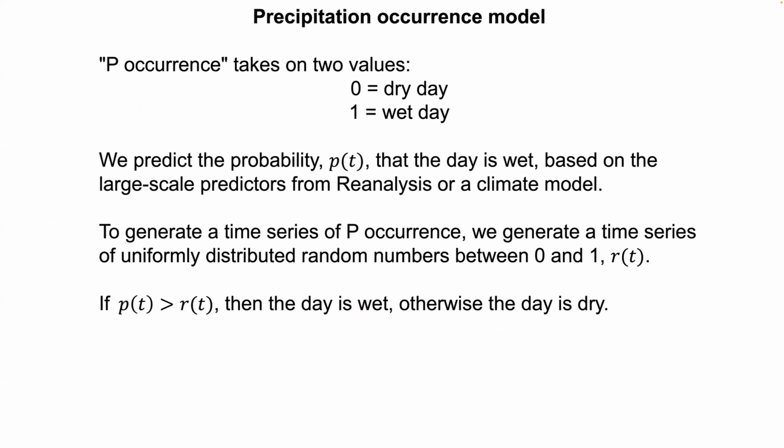And the way Dave treats it is just to have a kind of off to the side generation of random numbers between 0 and 1, this R of T. And based on these large scale predictors that you're using, is the probability of rain or snow greater than that random seed? If it is, the day is considered wet. Otherwise, the day is considered dry.